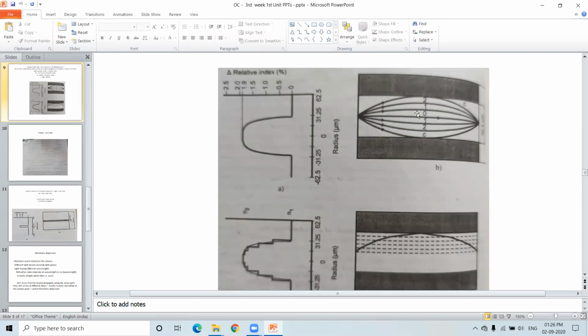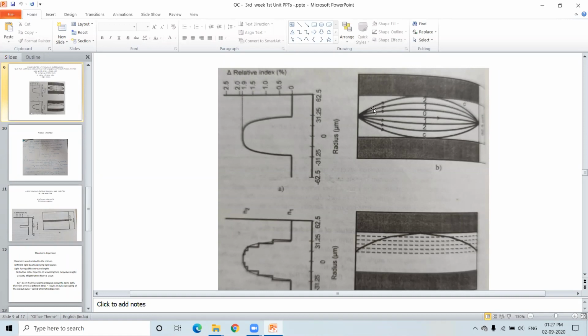Therefore, it travels like this and reaches here. And the second layer has a lesser refractive index than the earlier two, and therefore the second mode travels like this and reaches more or less at the same time. Similarly, C is the critical mode, the maximum possible mode.